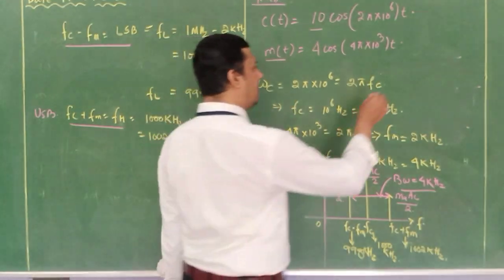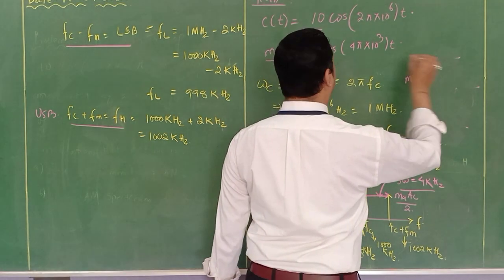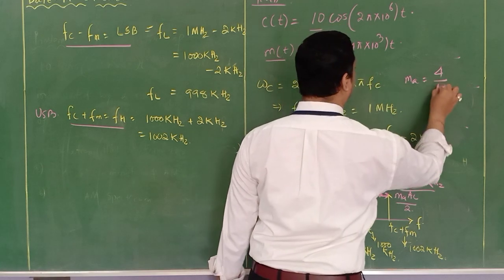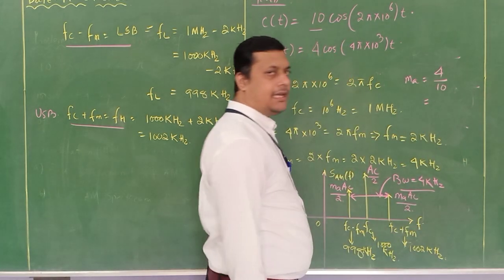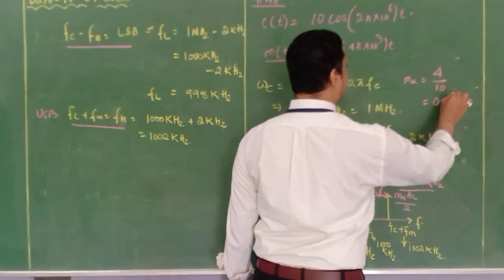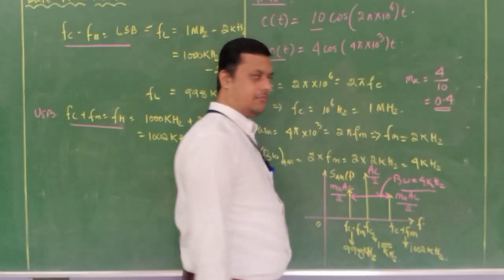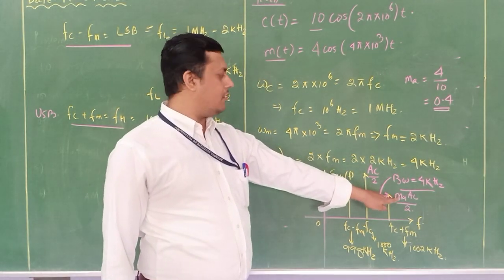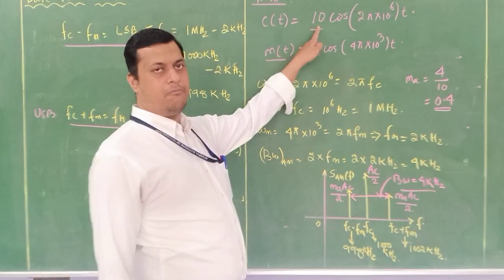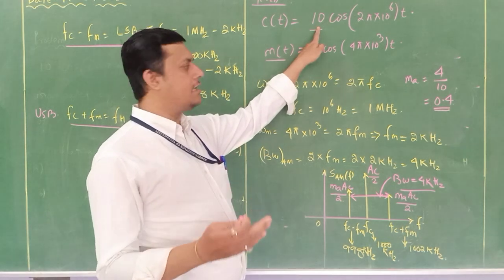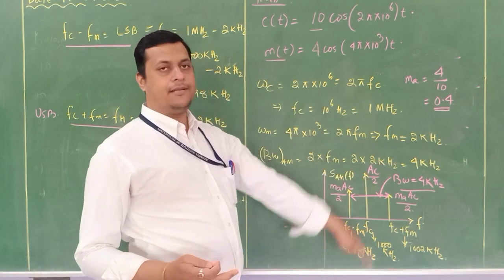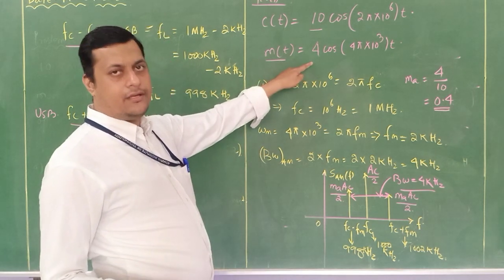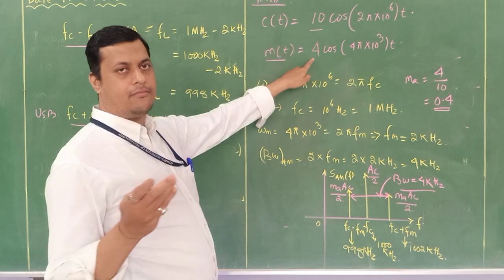MA is equal to the maximum amplitude available in our modulating signal divided by the amplitude available in the carrier signal. So MA is equal to 0.4. Now if you substitute, 0.4 into AC, AC is 10, 0.4 into 10 is 4, divided by 2, that means we get 2. Or directly you can write Vm by 2, so Vm is 4, 4 divided by 2 is 2.